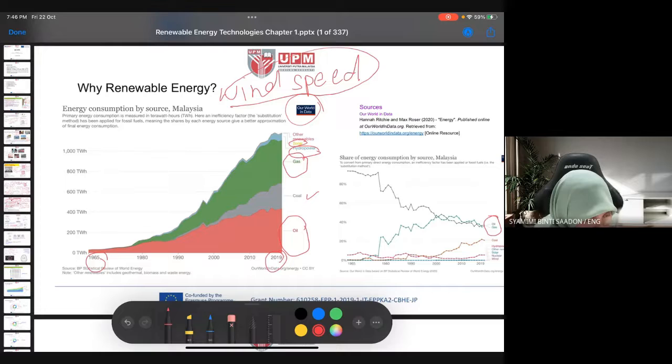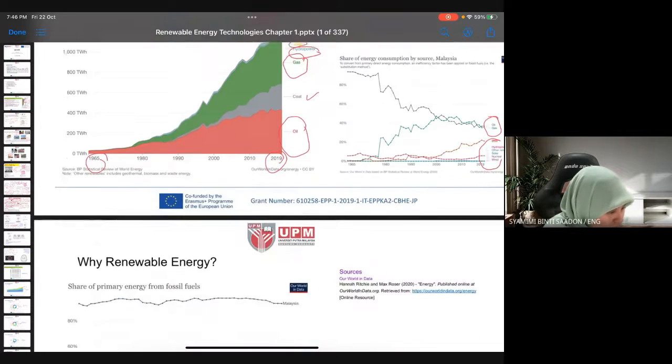Okay, they start to depend less on oil, and we start to develop and familiarize with the renewable energy, so hydropower, solar, nuclear, wind. Okay.